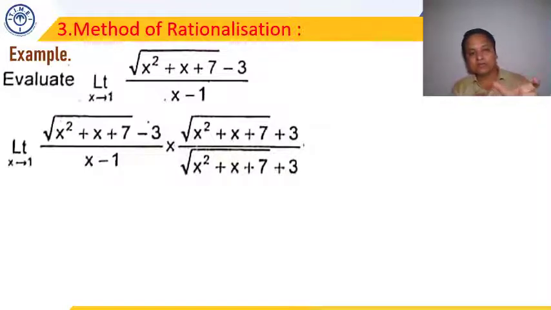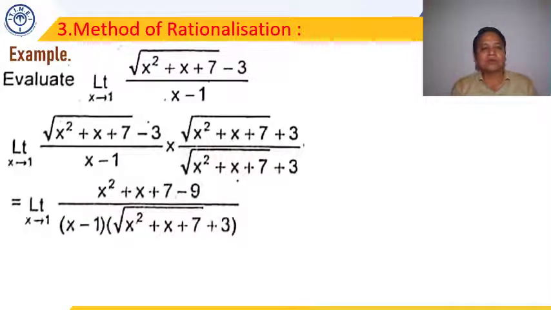Then we use the formula (a minus b)(a plus b) gives a square minus b square. So in the numerator, the square root goes out, and it becomes x square plus x plus 7 minus 3 square. Minus 3 square is minus 9. In the denominator, x minus 1 and the root term get multiplied, becoming two different brackets.